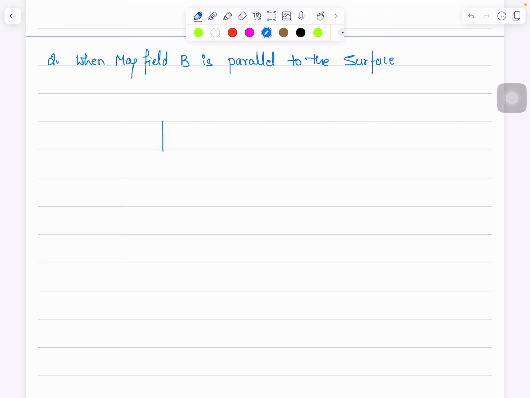First of all, you need to understand. Let's say this is your surface. Parallel means, can I draw like this? This is your magnetic field. This is the B vector. So can I say here is your B cap? Fine. So what is the angle here with the surface?